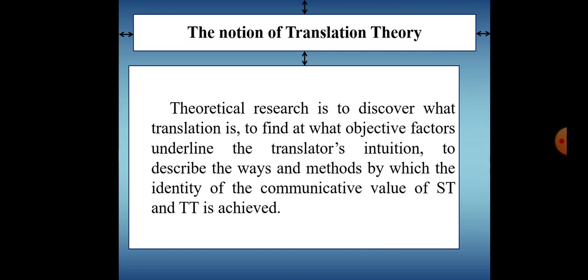To determine translation as the object of linguistic investigation, and point out its difference from other forms of language mediation. To work out principles of classification of translators' activity. To reveal the essence of translation equivalence at the basis of communicative identification of texts in source language and target language. To find out general principles and peculiarities of constructing the translation theory in general for all the languages and for various combinations of languages.